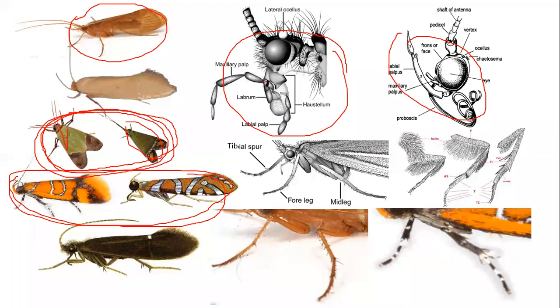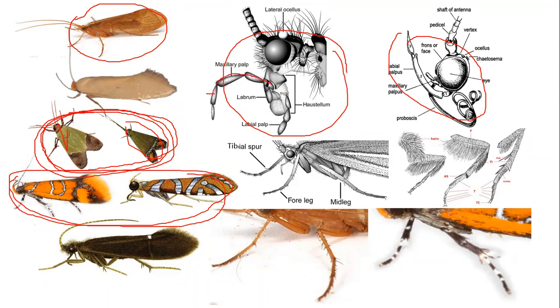And you are seeing that trichopterans have characteristic maxillary palps which consist of 5 segments. Though some primitive moth groups, for example the most primitive micromoths, also have these 5-segmented maxillary palps.